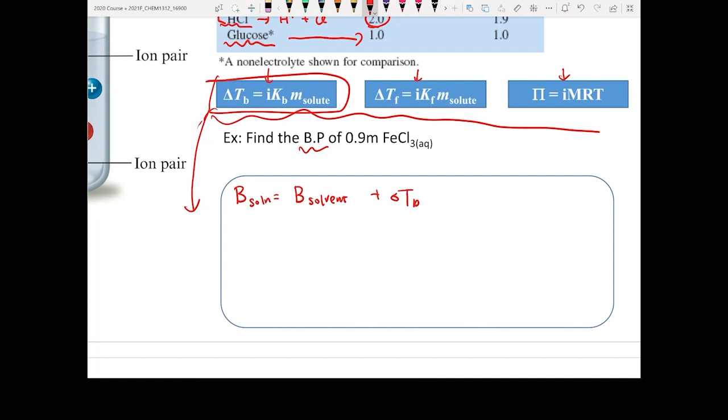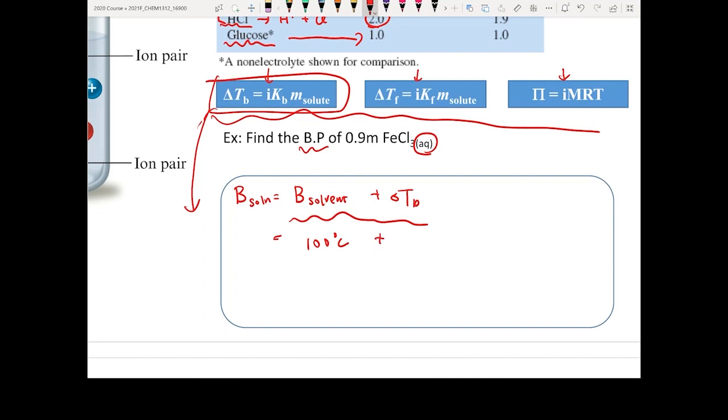This equation is going to give you the correct answer. How do you calculate these two terms? What's the boiling point of your solvent? So what is your solvent? How do you know it's water? Aqueous, so it's water. Boiling point of water? 100 degrees C, right? Okay, 100 degrees C.